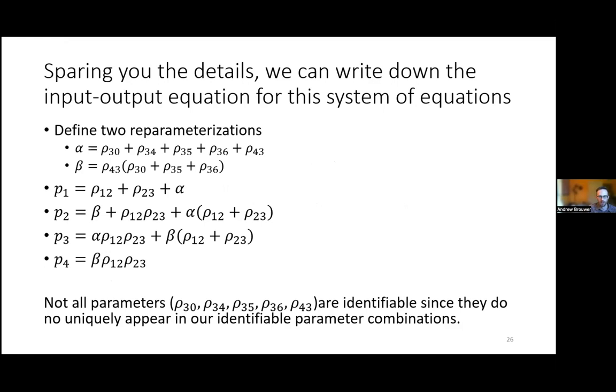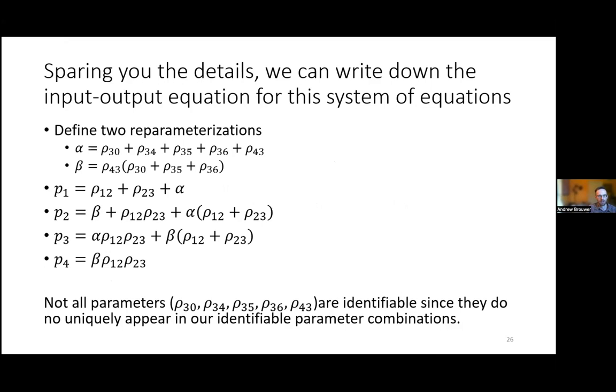By scrutinizing these numbers or using other approaches, we can note that there's a simplification we can do here. I'm going to reparameterize the sum of ρ30, ρ34, ρ35, ρ36, and ρ43 as alpha, and beta as ρ43 times ρ30, ρ35, and ρ36.